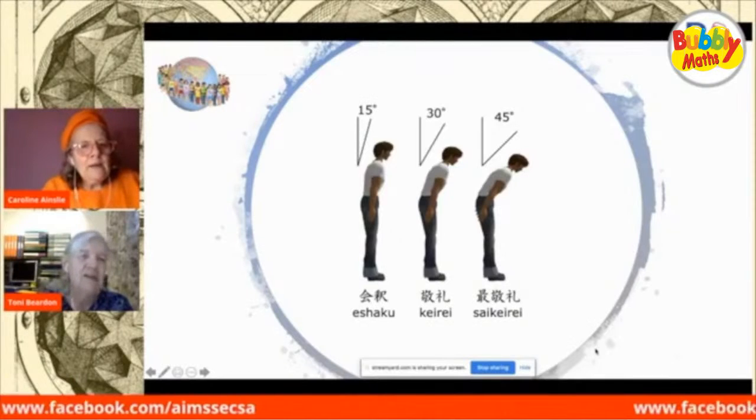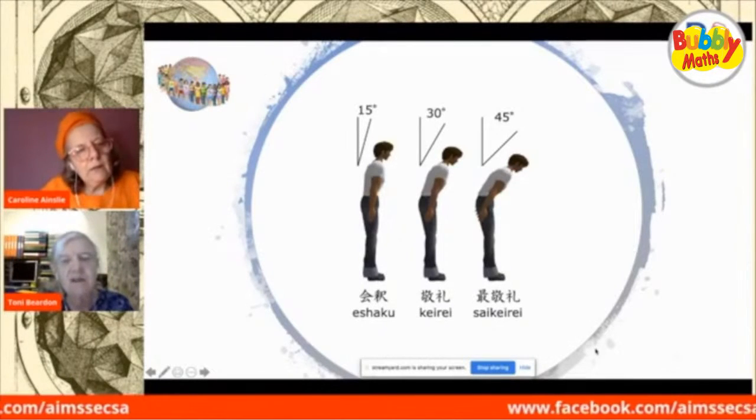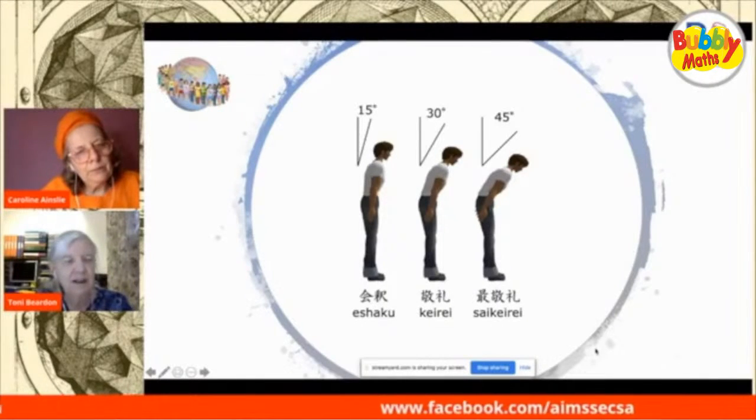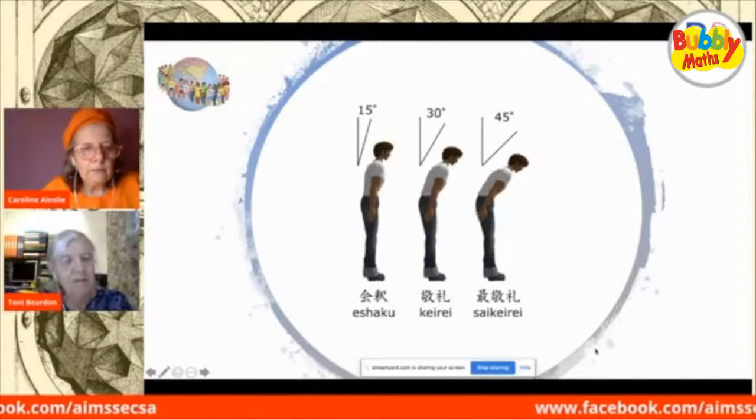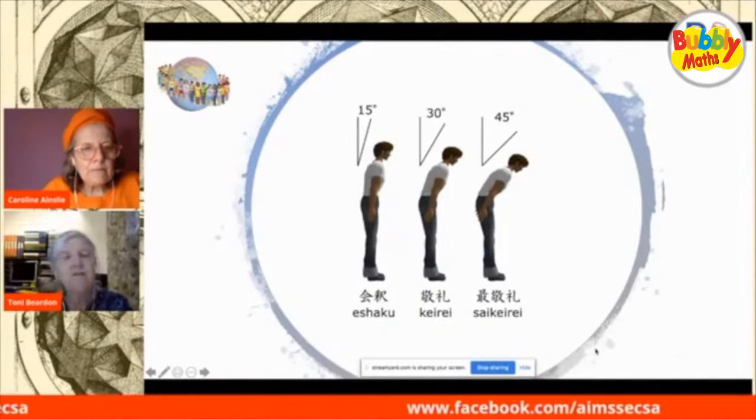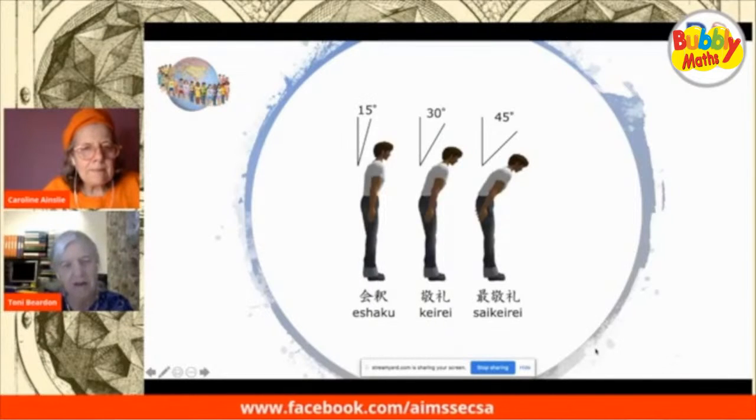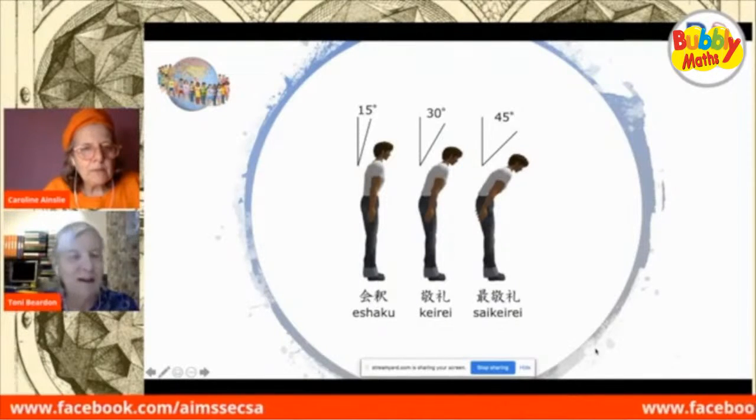Well, generally it's the more senior, but since age is often recognized as being a criterion for seniority, older people tend to get a low bow to them when somebody else is greeting them. So I would get everybody bowing really low to me.